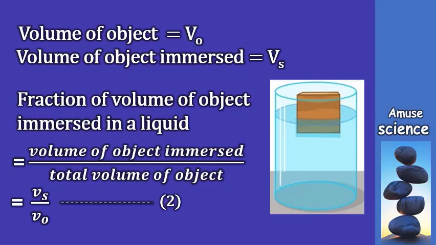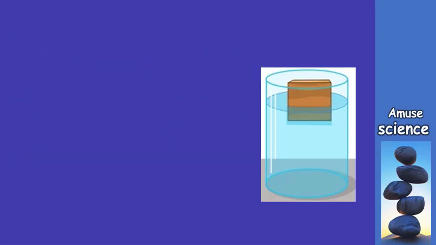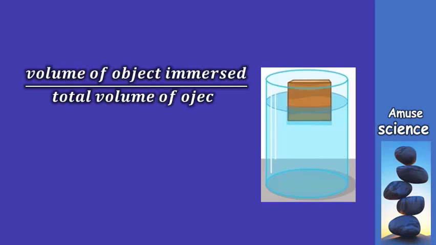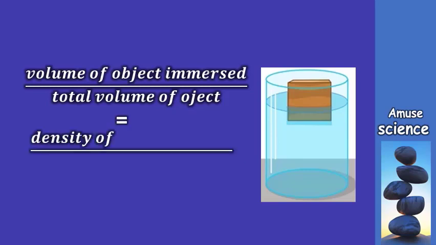This means that we have obtained two different but equivalent equations for finding the fraction of the volume of an object immersed in a liquid. And so let us equate these two equations. We are going to get the volume of the object immersed divided by the total volume of the object is equal to the density of the object divided by the density of the liquid.